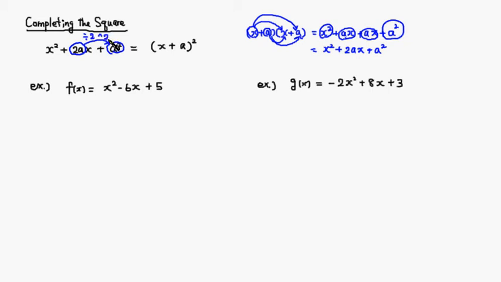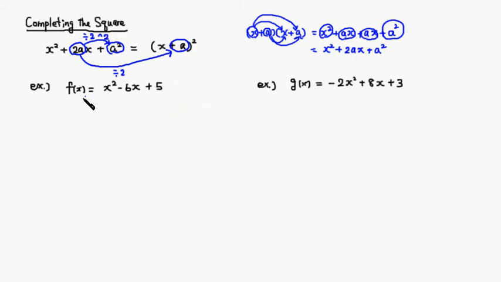I'll write it as a hat 2, which means raise it to the second power. Another thing to notice is the relationship between 2a and a: to get a from the coefficient of x, you just need to divide by 2. So remember those couple of things.